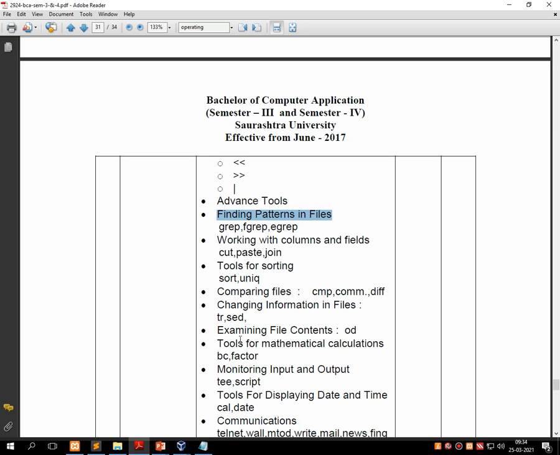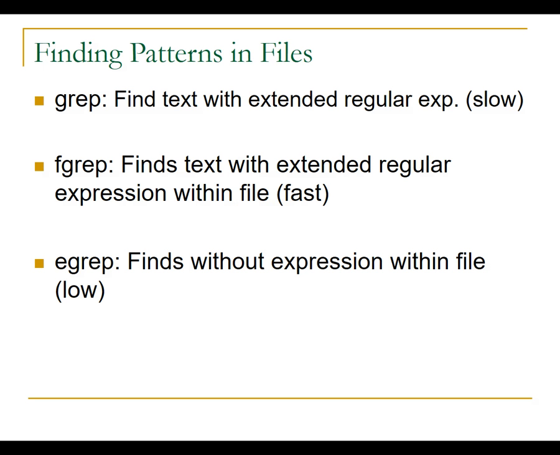Unix shell commands will search for a specific portion of a value from the entire group of strings or a single string. Three commands are there: grep, fgrep and egrep. In today's session, we'll discuss grep only, and then we'll go for the other ones.